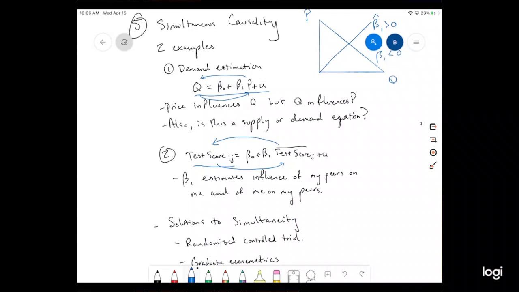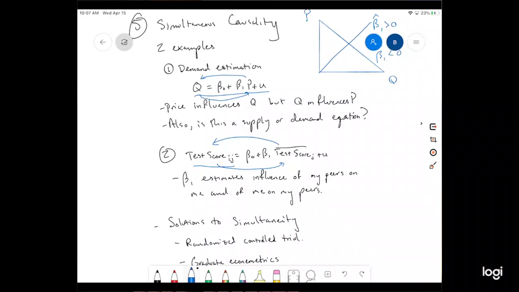We'd have a data set with Bob's test score on the left-hand side and Mary's test score on the right-hand side in one row, and then in the next row Mary's test score on the left-hand side and Bob's test score on the right-hand side. So that would be the influence of Bob on Mary and the influence of Mary on Bob.